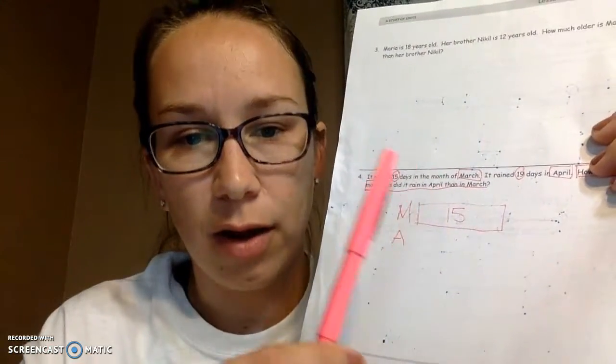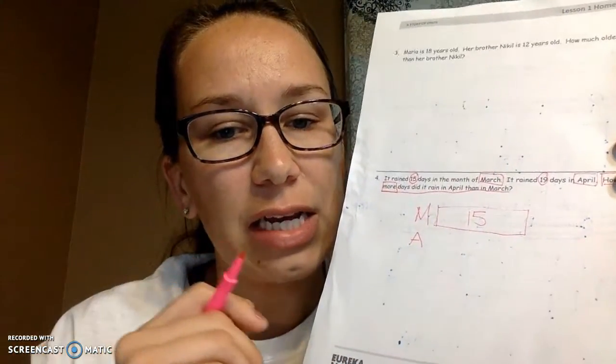Now, the next part is it rained 19 days in April. So April is the name for the next month. So I'm going to write an A, and then I'm going to make a rectangle to show 19. Now, when I draw this rectangle, it should not be the same length or the same size as 15, because 19 isn't the same number as 15.